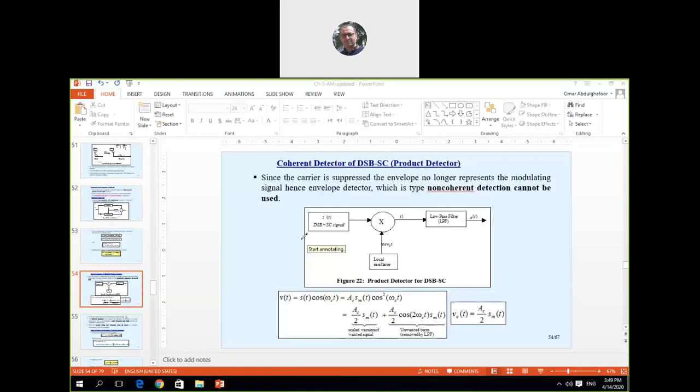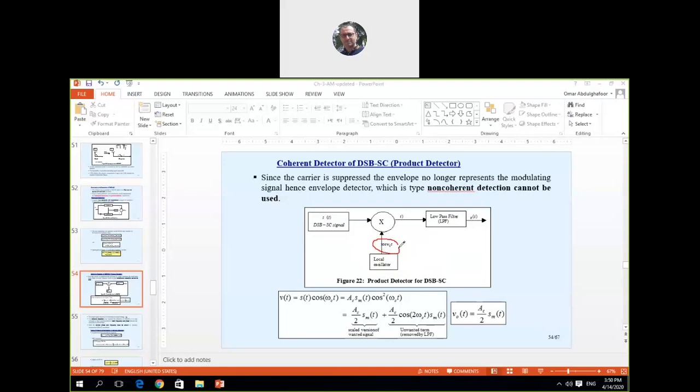This is very common in communication, coherent and non-coherent. If we say coherent detector, you need to think of a special local oscillator that is synchronized between transmitter and receiver in both frequency and phase. You can see the carrier frequency, which is cosine omega sub c.